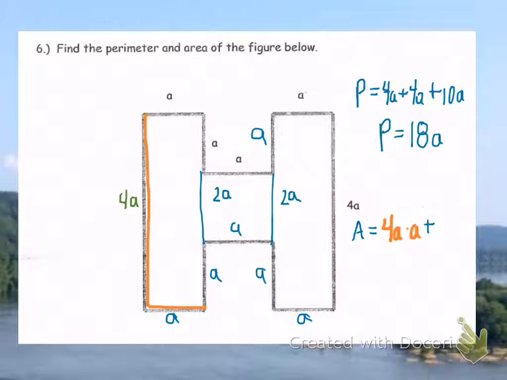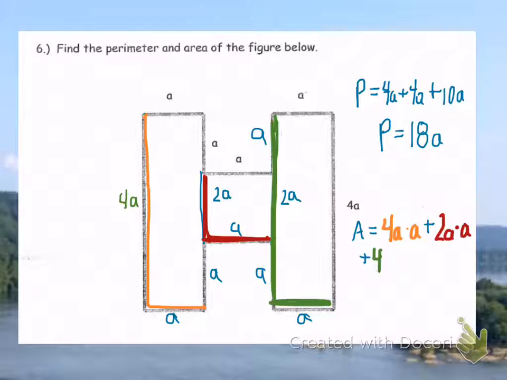Now the middle rectangle has a length of 2A and a width of A. 2A times A for that area. And then I would be adding to that the area of the third rectangle. And that rectangle has a length of 4A and a width of A again.